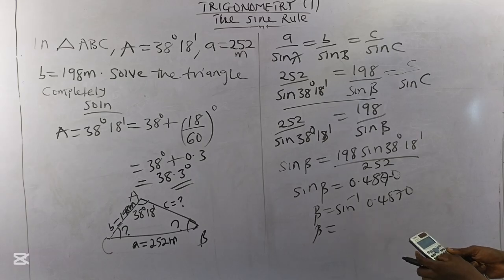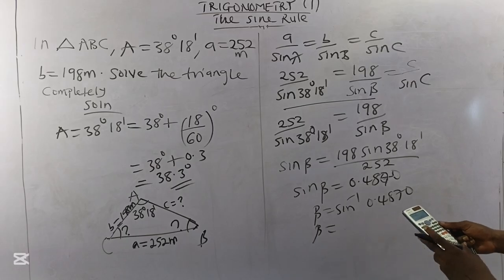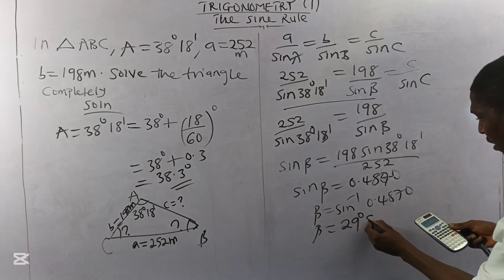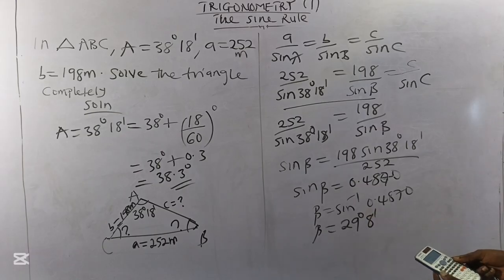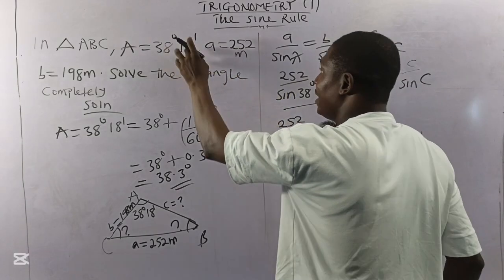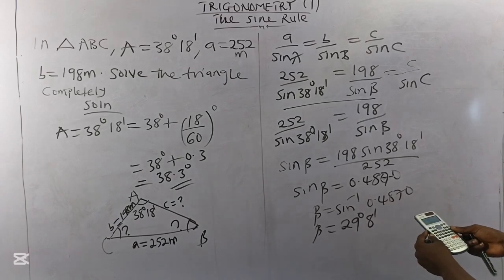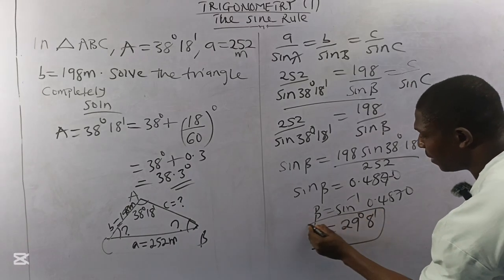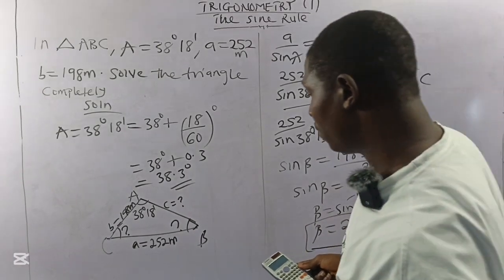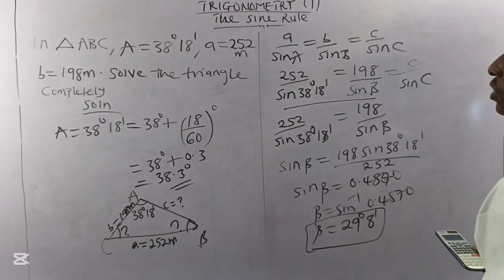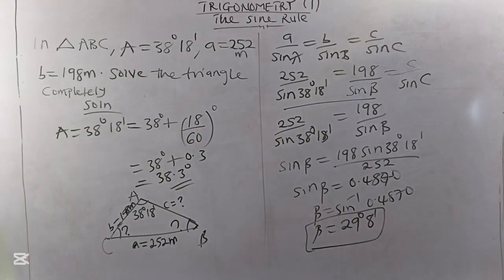But when you press your angle button to get it in degrees and minutes, you have 29 degrees 8 minutes. You end there because the value was given in degrees and minutes, no need of adding seconds. So you have 29 degrees 8 minutes for my angle B. So what else am I looking for? I've gotten my B, so I can easily get my C using the sum of angles in a triangle.